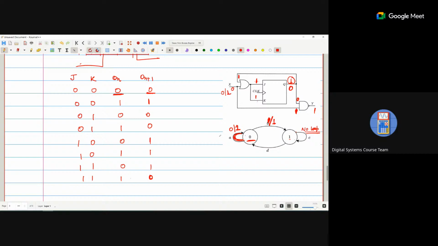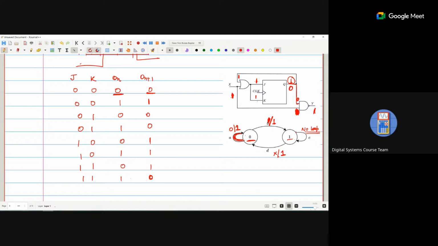If it is a 0, we get 0 from here and 0 from here, so we are getting 1. If it is a 1, again 1 from here and 0 from here, it is again a 1. So whatever the value of X, the output will always be 1 and we are getting from 1 to 0.